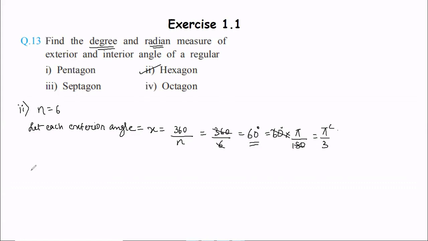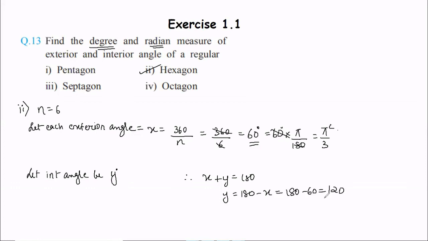Now let interior angle be represented by y degrees. So therefore, x, that is exterior angle, plus interior angle, should give you 180. Now y is equal to 180 minus x, which means 180 minus 60, which is 120 degrees.